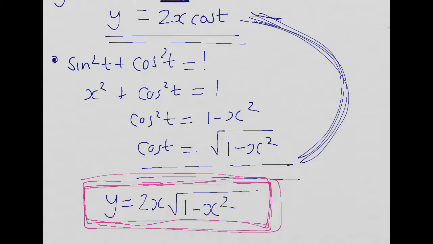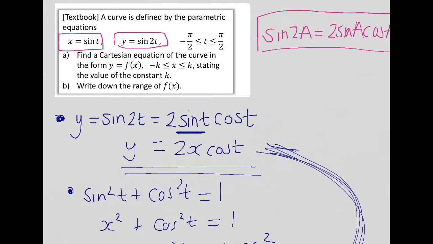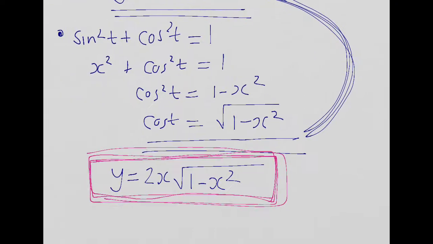Now, have we answered the question fully? No. Because you've got to write it in that form, yes, and then I need to find my domain. So I'm going to need to look at my values here for t, negative pi over 2 and pi over 2.